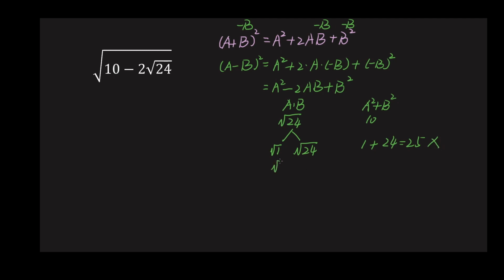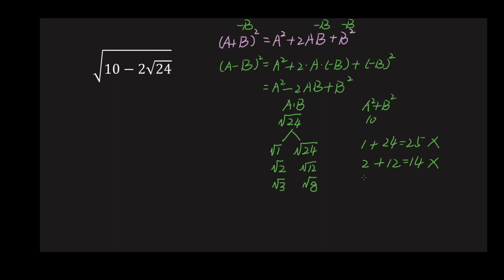And then square root 2, square root 12. This squared is 2, and this squared is 12. 2 plus 12 is 14. Still not the right answer. And then square root 3, square root 8.